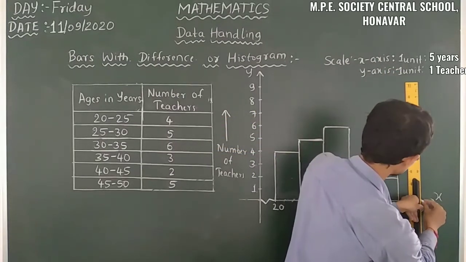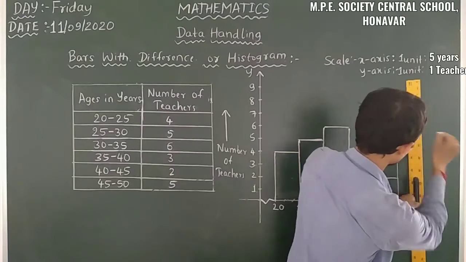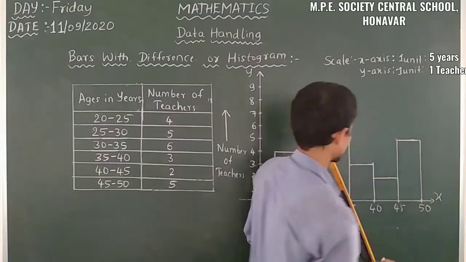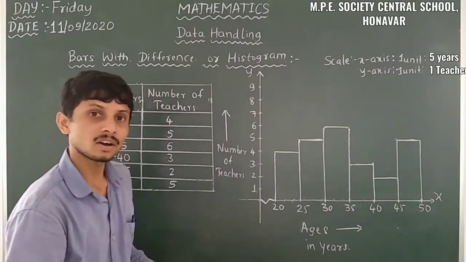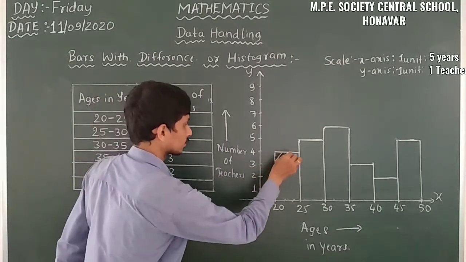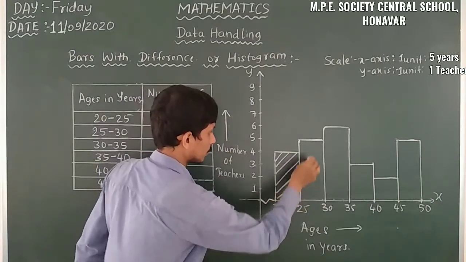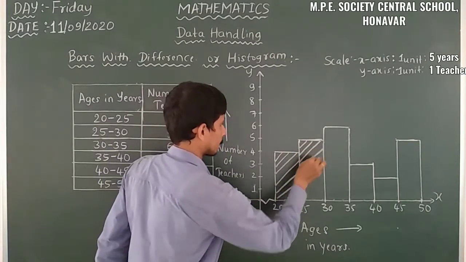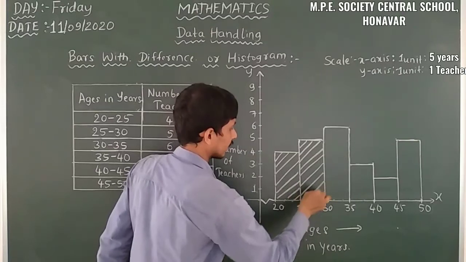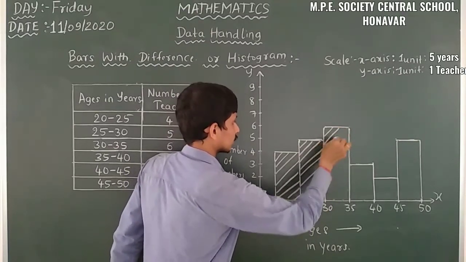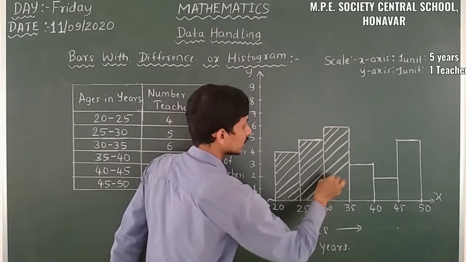Then we have to take the vertical line like this. So then shade all the bars. Like that. Yes, shade all the bars.